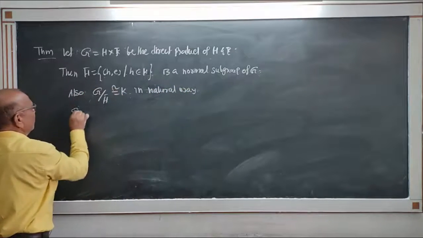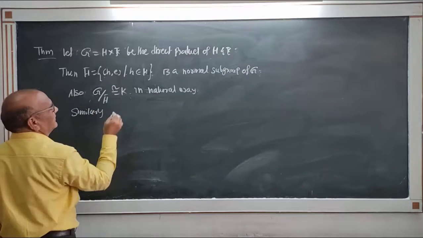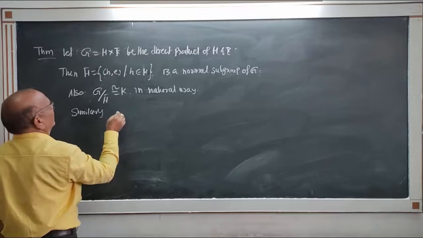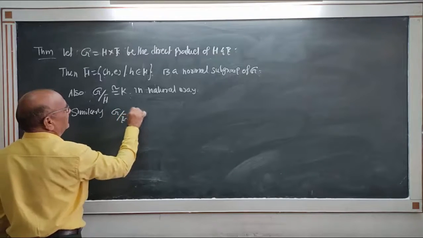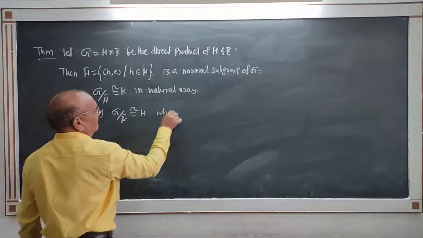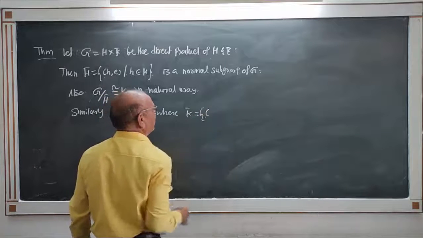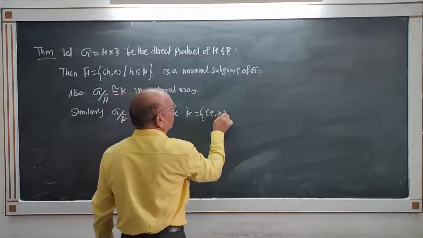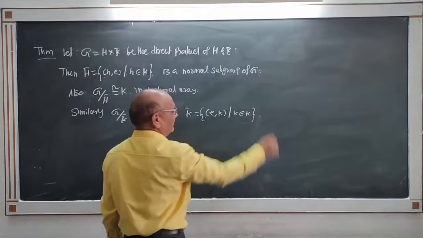Similarly, G upon K bar is isomorphic to H, where K bar is the set of elements (e, k) with k belonging to K.